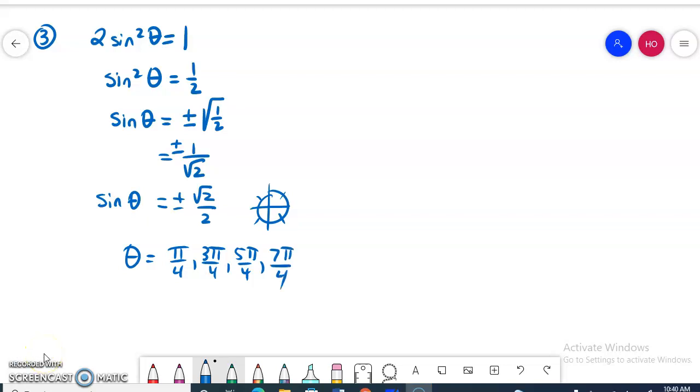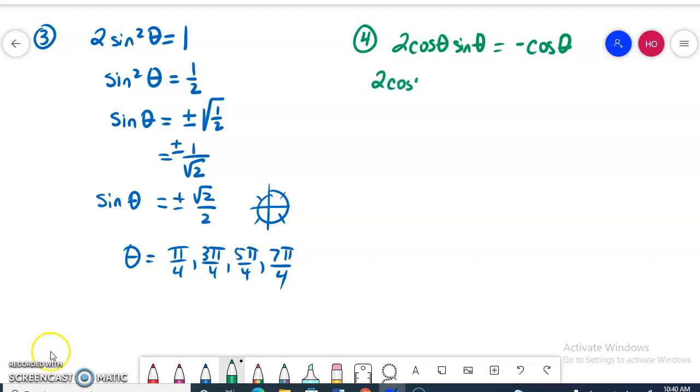Now we are going to have to remember some of our other algebra techniques. If I have something like 2 cosine theta sine theta equals negative cosine theta, those are not like terms, but what I want to do is get it equal to 0.